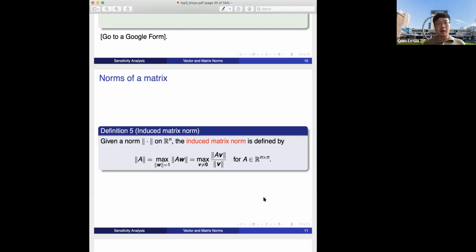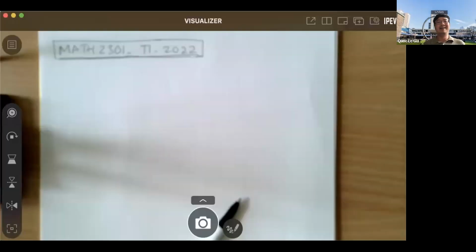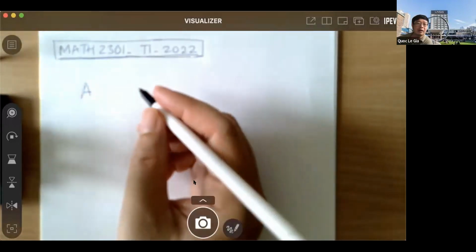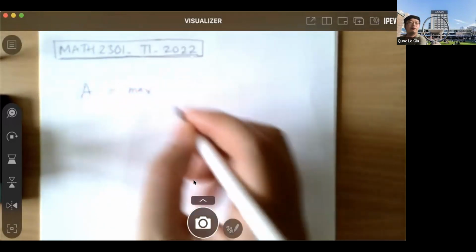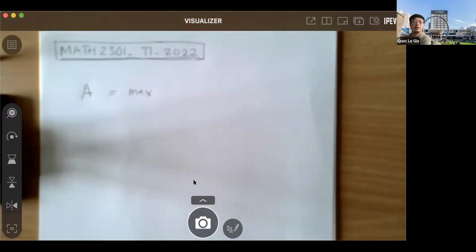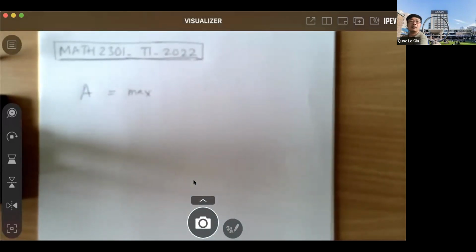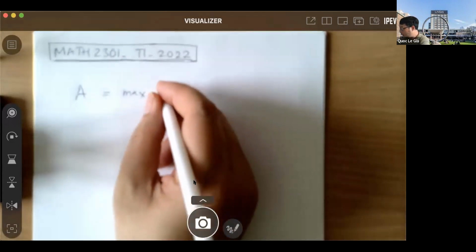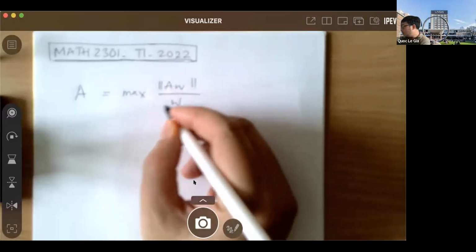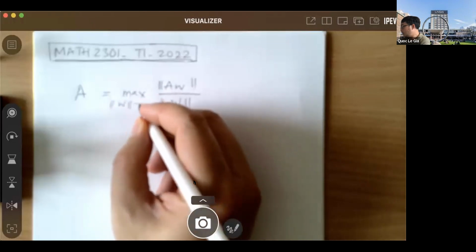So now let me go back to writing. So now what I have is the norm of A to be the max of the norm of AW over W, where W is on the unit circle.